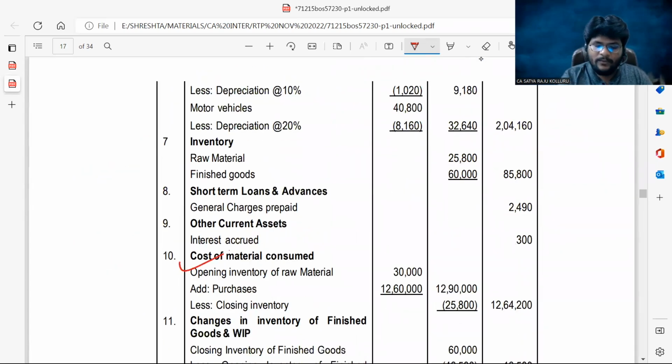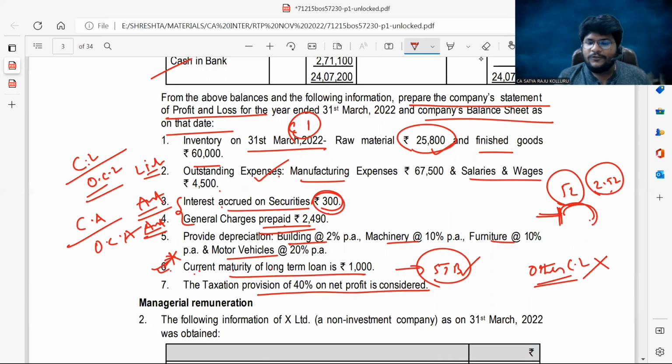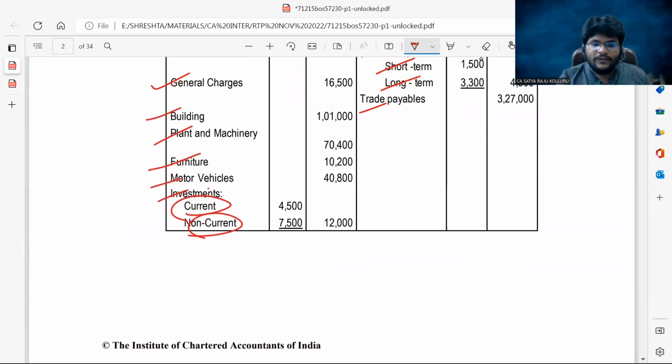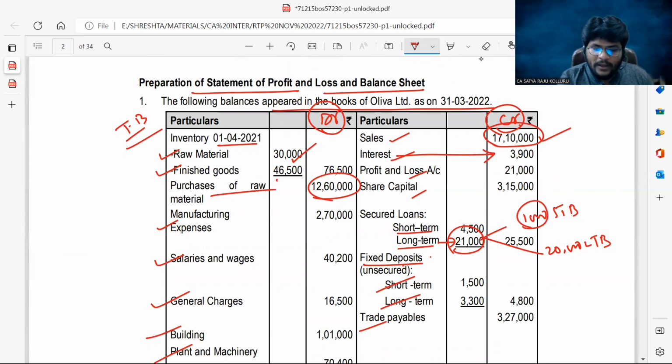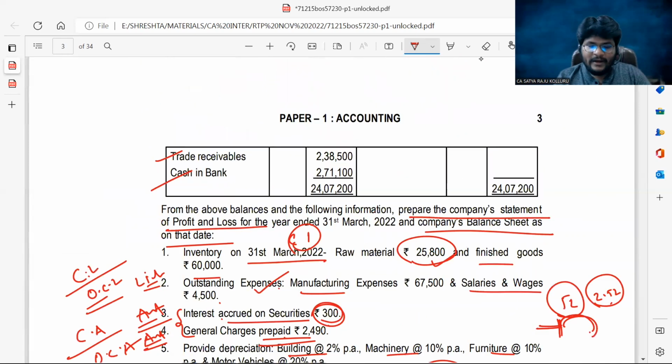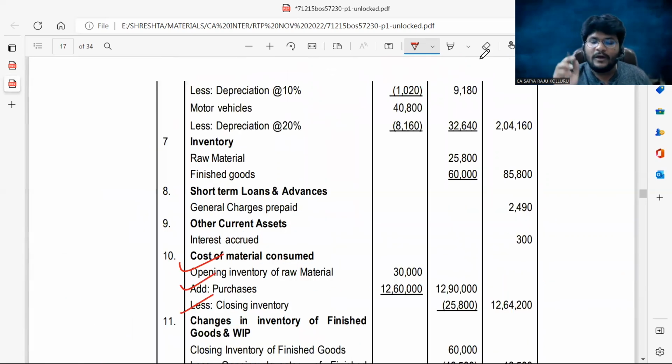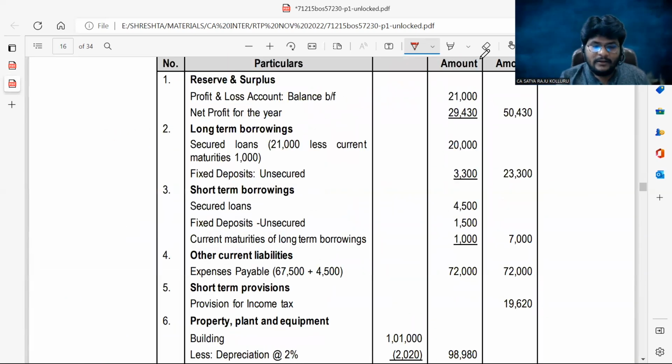Next, after cost of raw material consumed, you need to cross-check the opening stock in trade with the closing stock in trade. I mean opening finished goods with closing finished goods. It was clearly given: opening finished goods is 46,500 and closing finished goods is 60,000. The difference is 15,000, which is known as change in finished goods or stock in trade. Am I right?